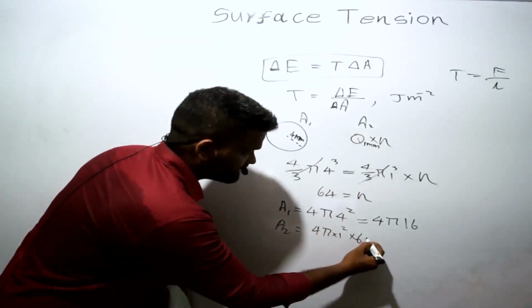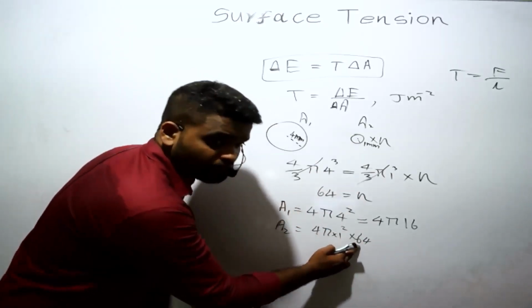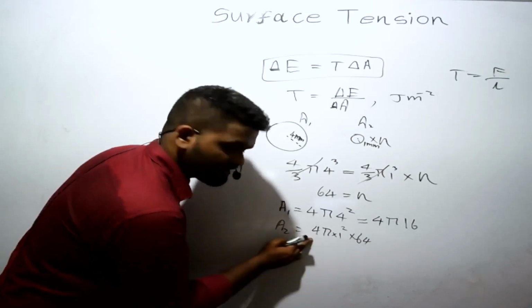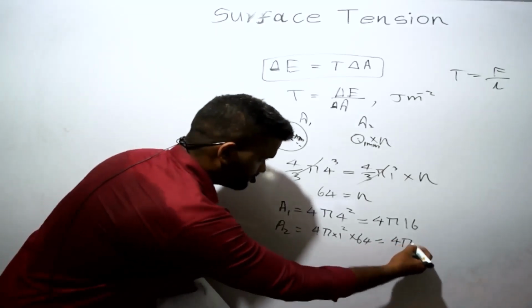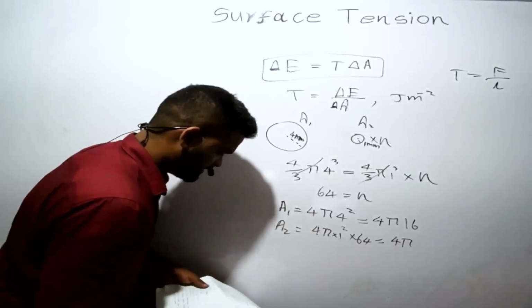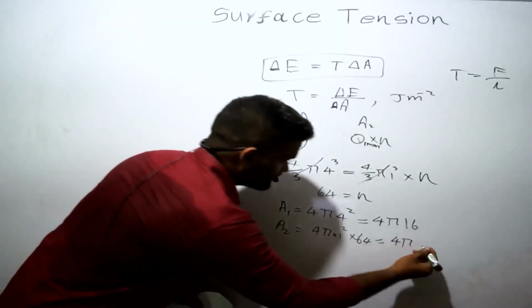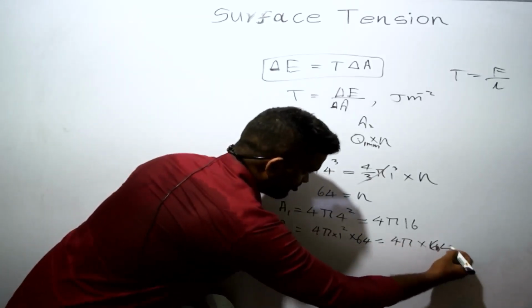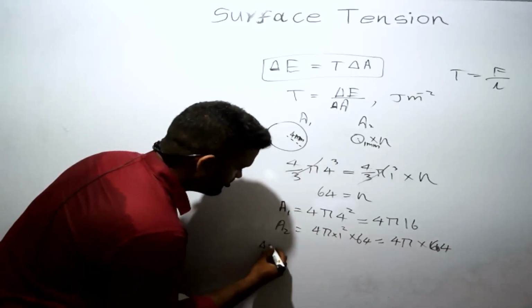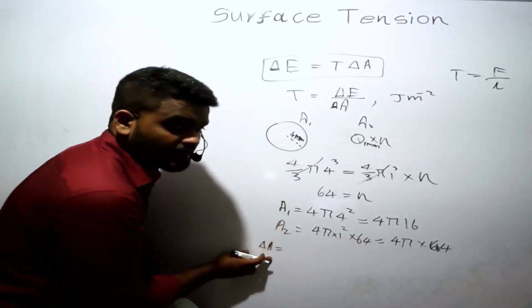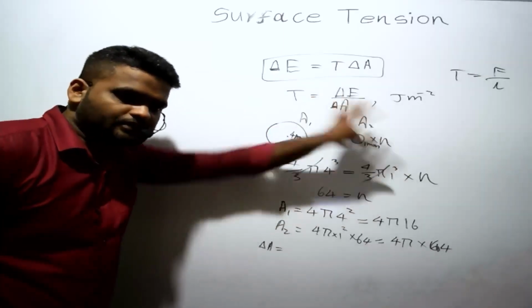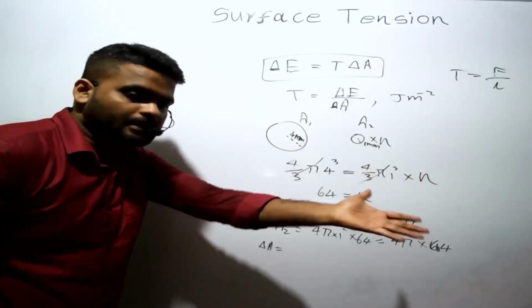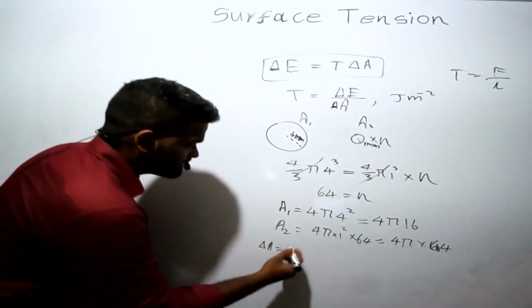Then there are 64 small drops. This is for one drop. There are 64. So what do you do? 4 pi times 64. To find the energy, what you need is the change of area, that is, the increase of area. So what is that?